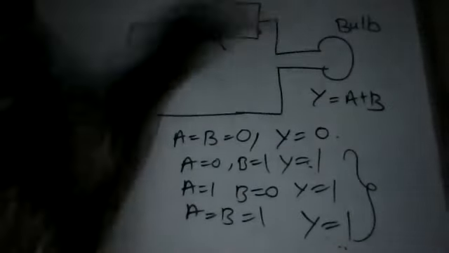Next, OR gate constructed by diodes. OR gate with diodes diagram. D1, D2 diodes.